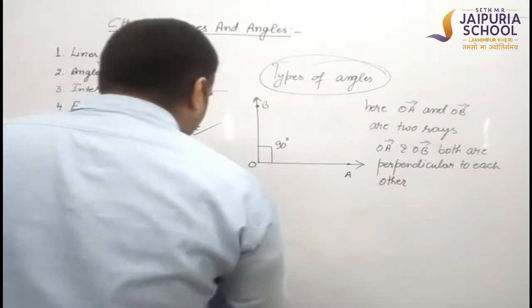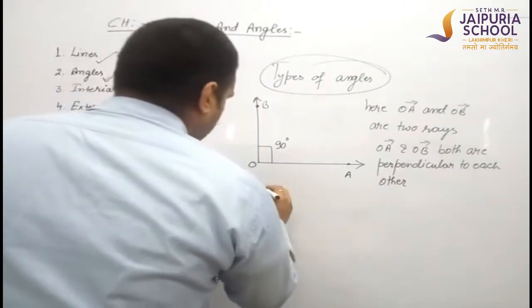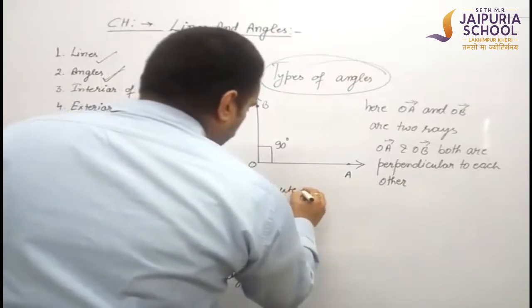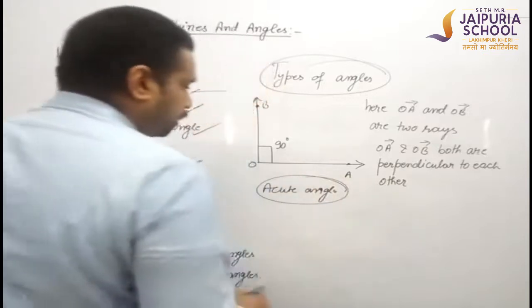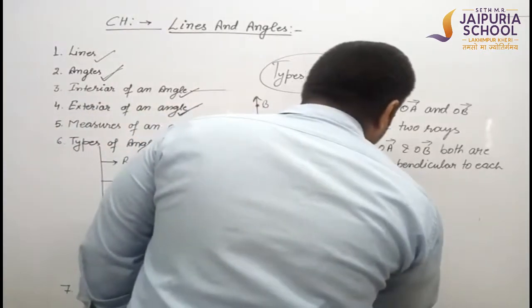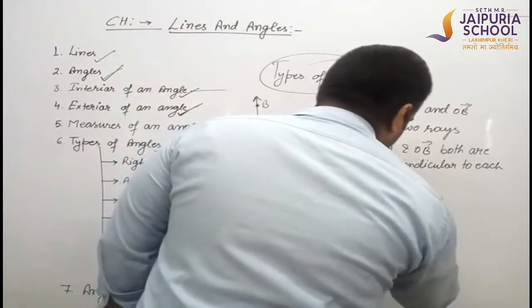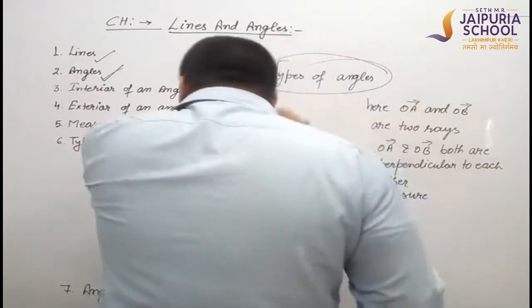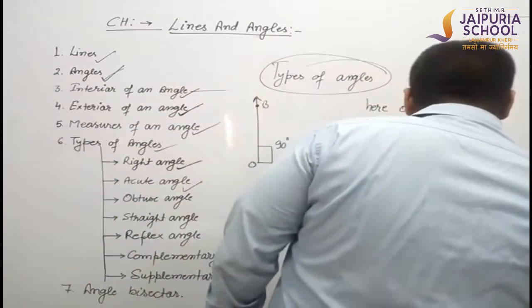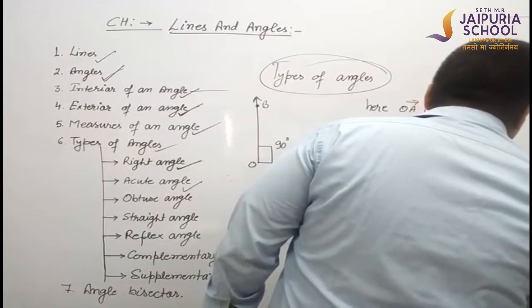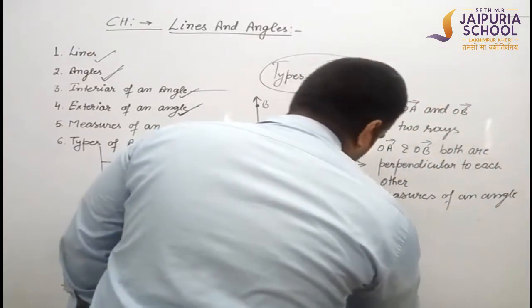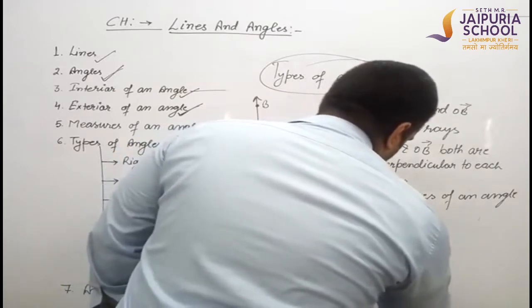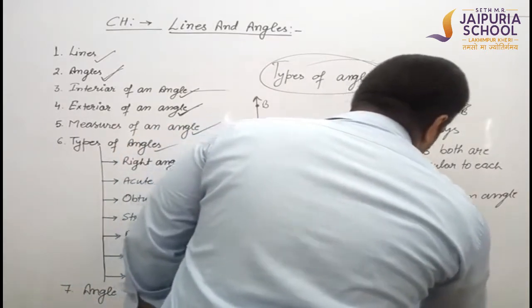Now what is acute angle? Acute angle: when the measure of an angle is less than 90 degree.